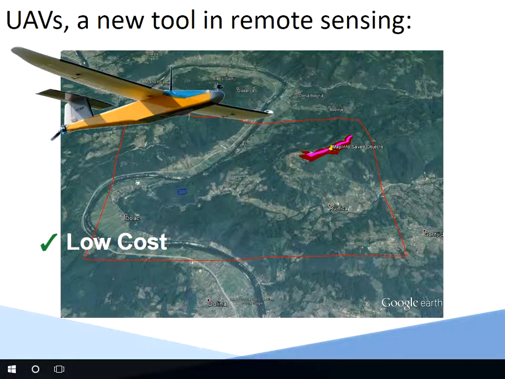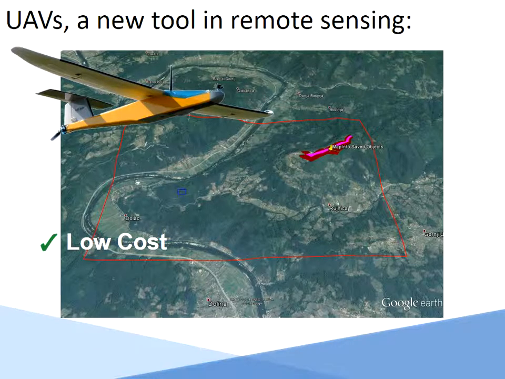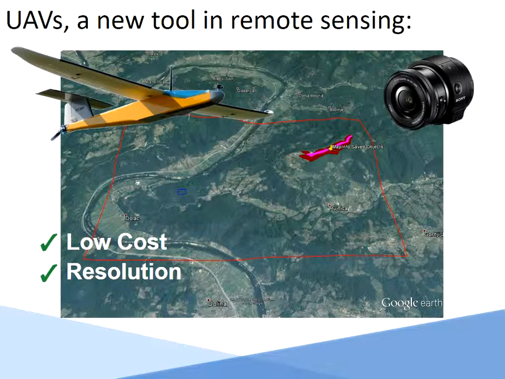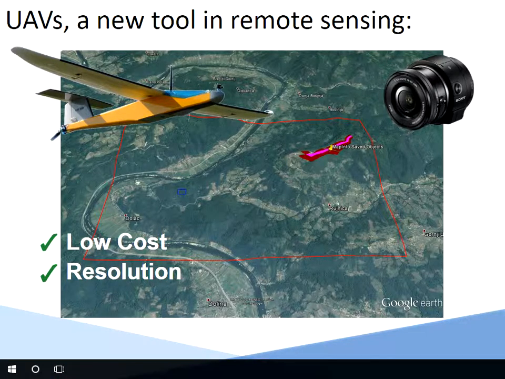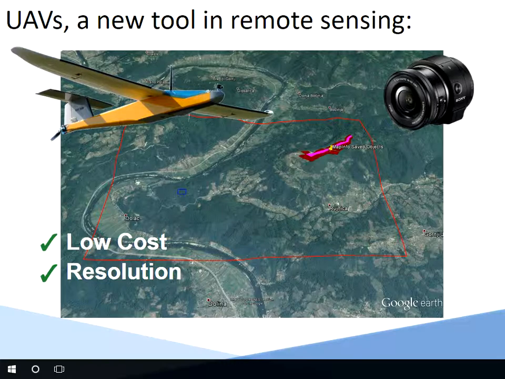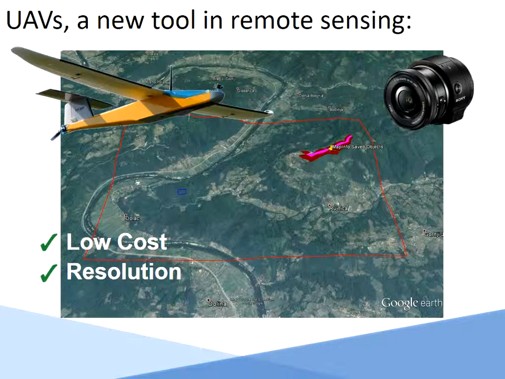Also, the next thing is the resolution. If we want to be able to work with this kind of imagery, what we need is to have a lot of resolution in order to be able to properly define what are the areas that we have demined and what areas are not demined.